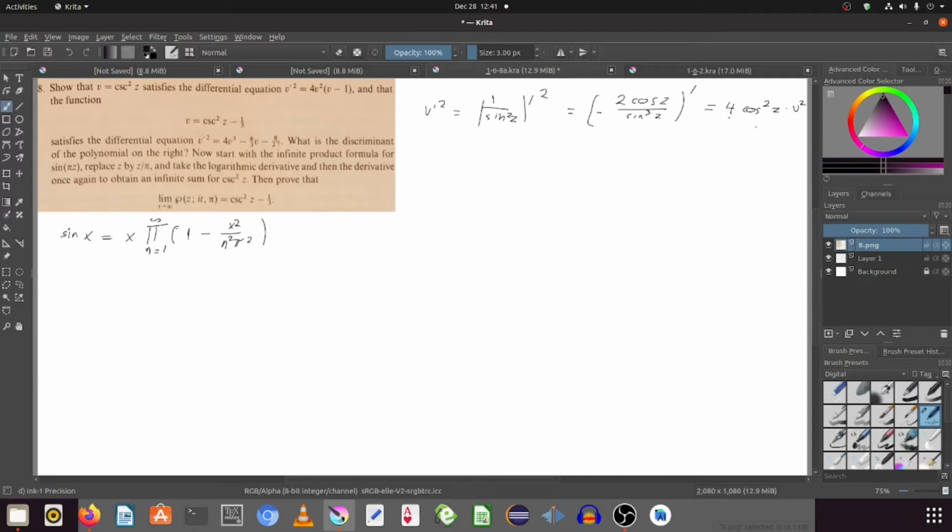That's, oh, no. And cosine squared is 1 minus sine squared.